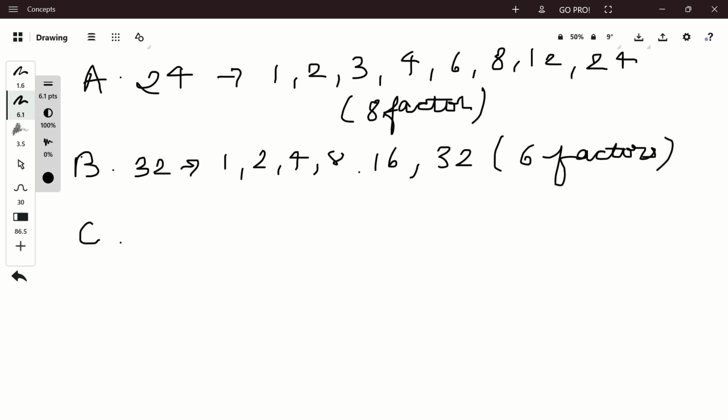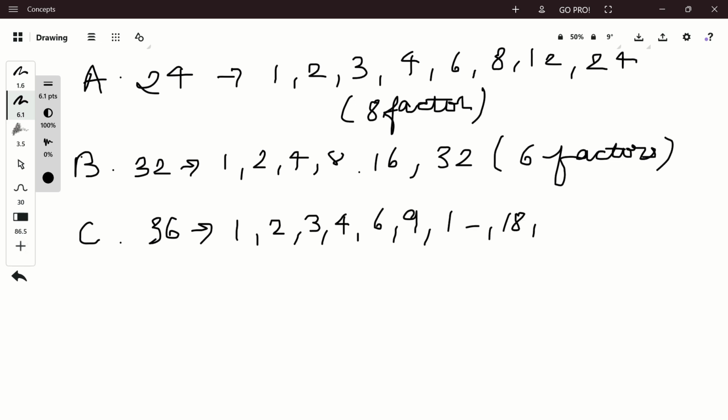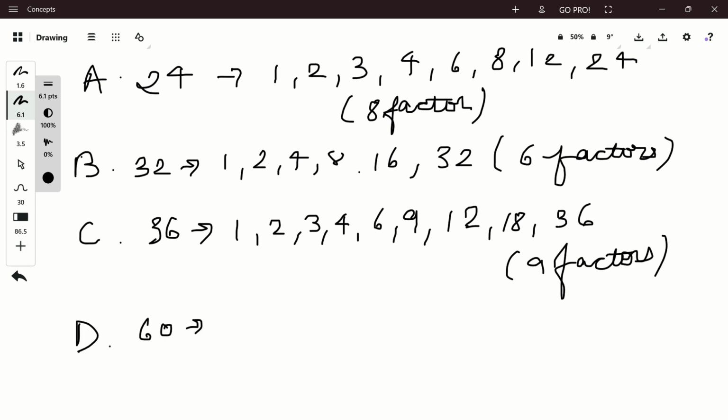C, 36. That is 1, 2, 3, 4, 6, 9, 12, 18, and 36. That is 9 factors. And D, 60.